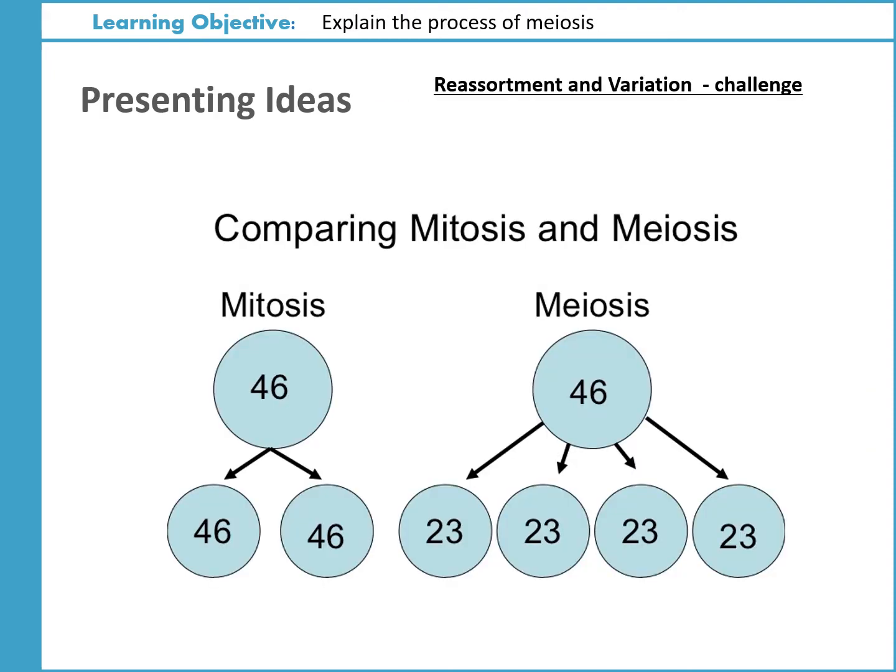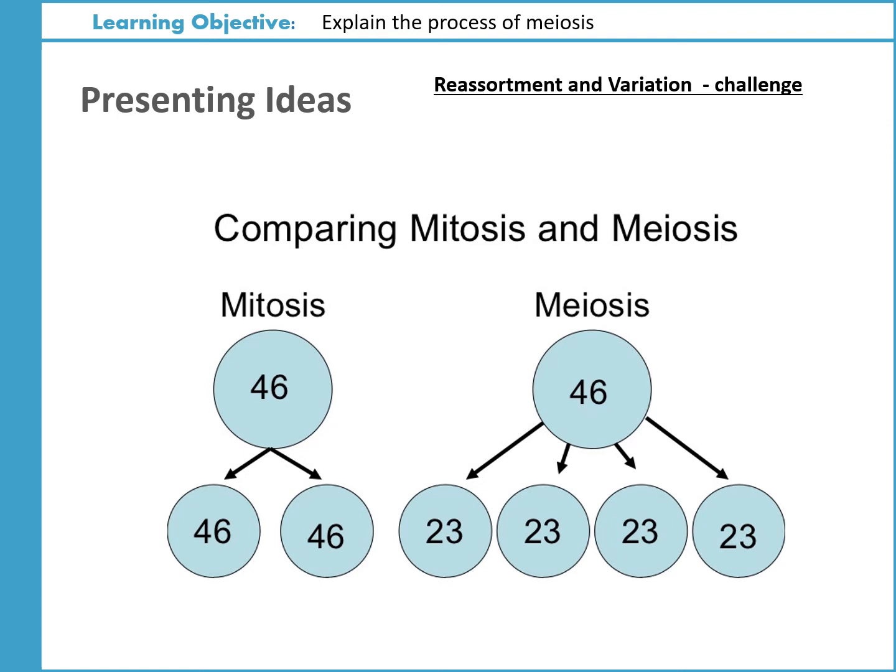So if you remember, we were going to aim to compare mitosis and meiosis. So a similarity would be that we start with 46 chromosomes in each of the cells. However, in mitosis, once the genetic material has been doubled and copied, it splits into 2 identical cells, each of which also have 46 chromosomes in humans.